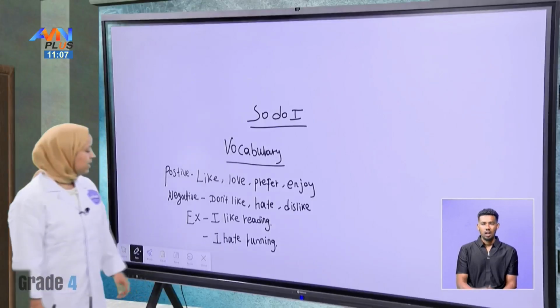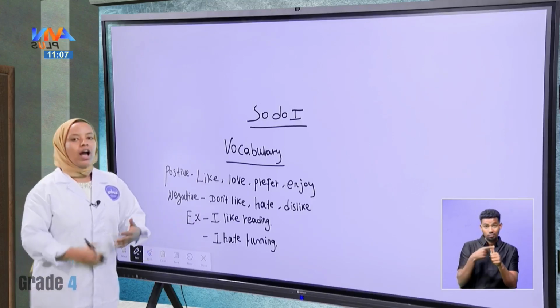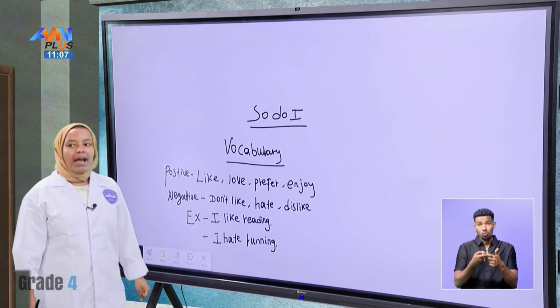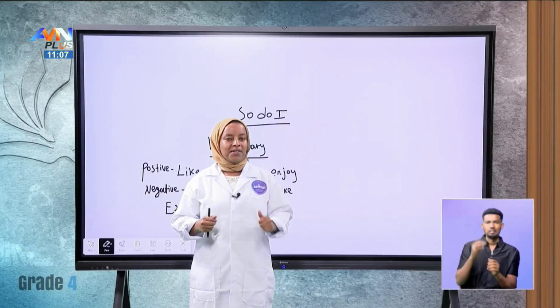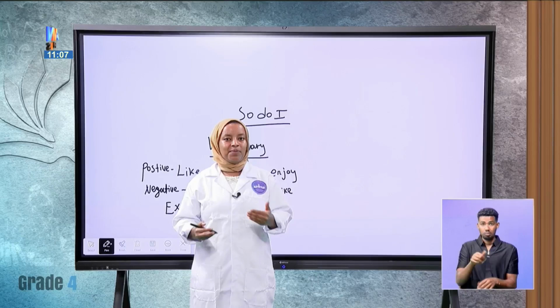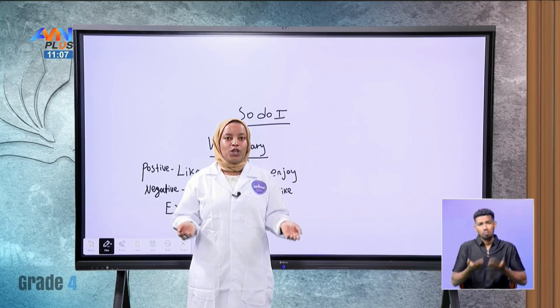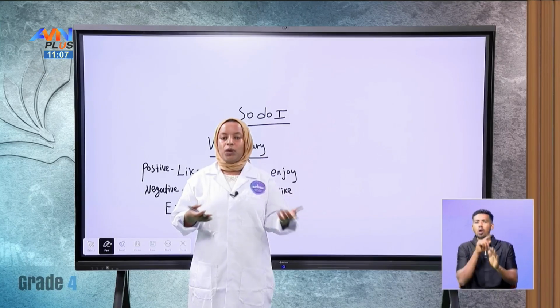Look, students, the first one is positive form of sentence: I like reading. And the next one is I hate running. Maybe you don't like running because that makes you tired and you have some reason for that. So this is to show the person what you prefer, what you like.